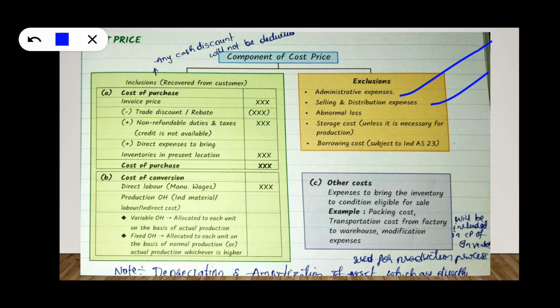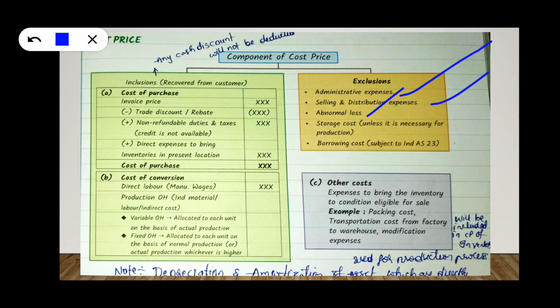And selling and distribution expenses, for example, advertisement expenses and giving some offers, like giving a pen for selling the goods. All these selling and distribution expenses are excluded. And any abnormal loss shall be excluded.